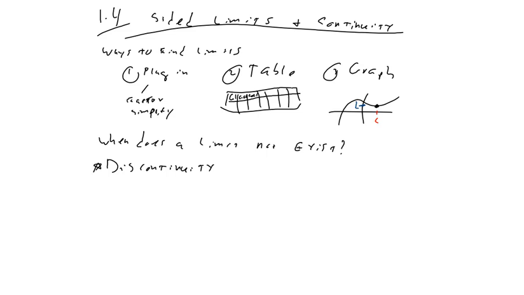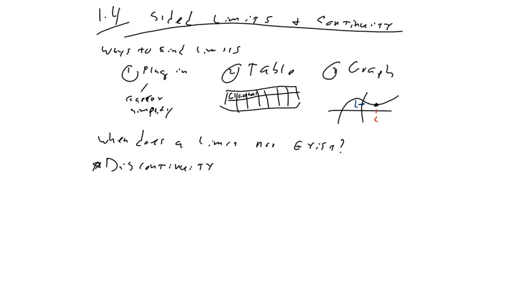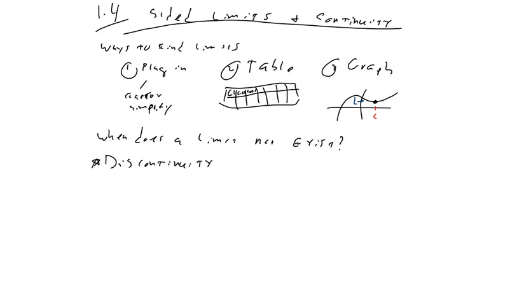A limit does not exist when the graph is discontinuous. And there are a few types of discontinuities. Or maybe not necessarily that a limit does not exist, but a discontinuity.